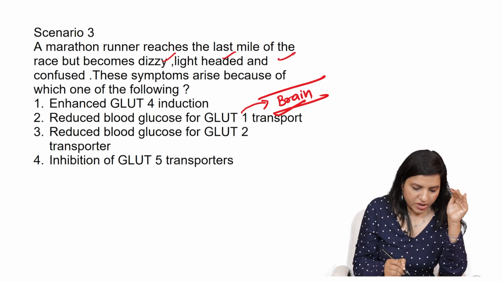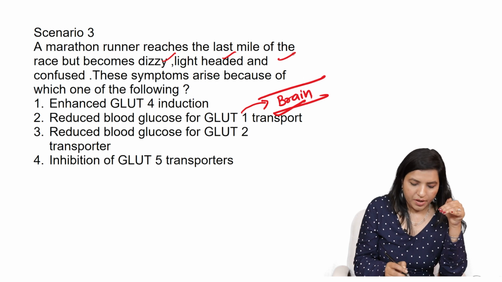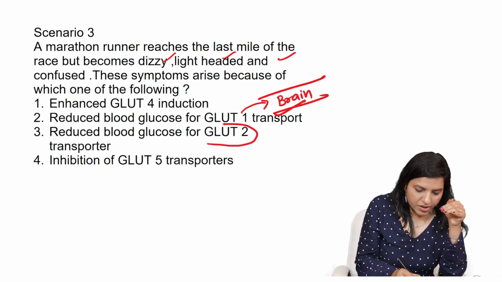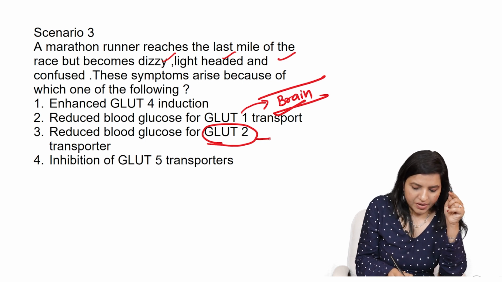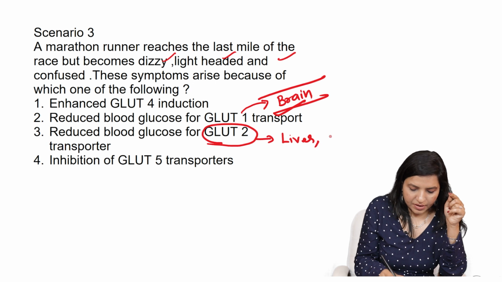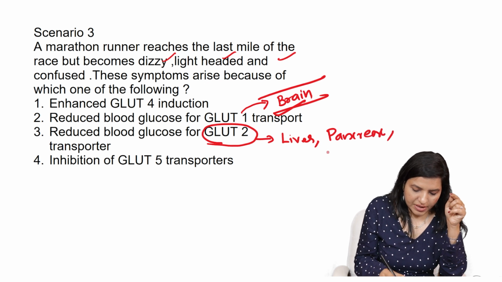Now, I will see the next option, reduced blood glucose for glucose transporter 2. But you can see here the glucose transporter 2 is not the glucose transporter of the brain. This is present in the liver, this is present in the pancreas, this is present in the intestine.